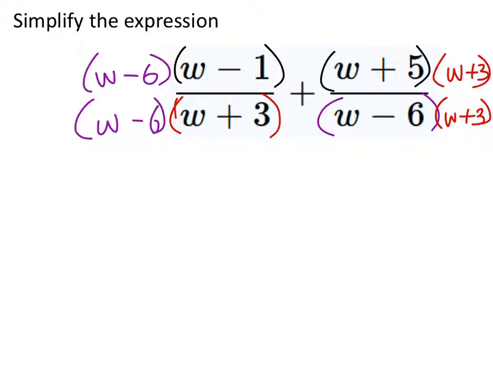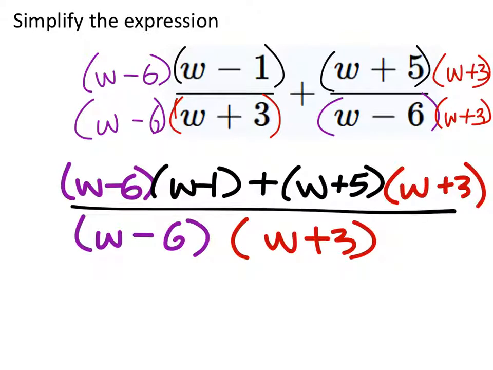Alright? So I'm going to rewrite this now as one full fraction, because we have the common denominators, right? But now that I have this, I want to distribute so that I can have, well, I want to call it a quadratic, but it'll allow us to see if we have any like terms to combine between the two terms there.